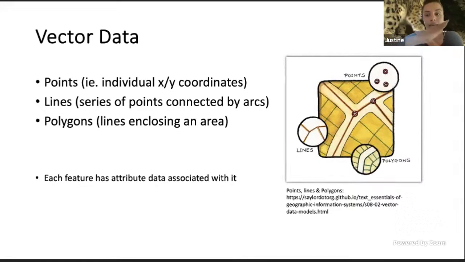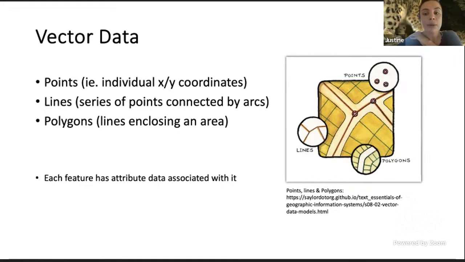Lines are long, one-dimensional features, and they're used to represent linear features like roads, streams, and boundaries, for example. And they normally have an associated attribute related to length. And finally, there are polygons, which are two-dimensional features created by multiple lines that loop back and create closed features.